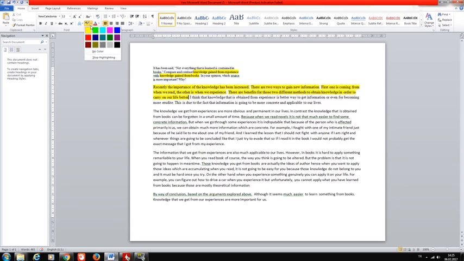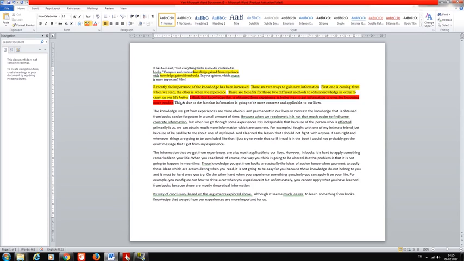I want to highlight it in different colors so that you guys are not going to get confused. So this is our thesis statement, the one in the red color, and the next sentence is going to be a little bit of a recap of what I'm going to talk about in my body paragraph.